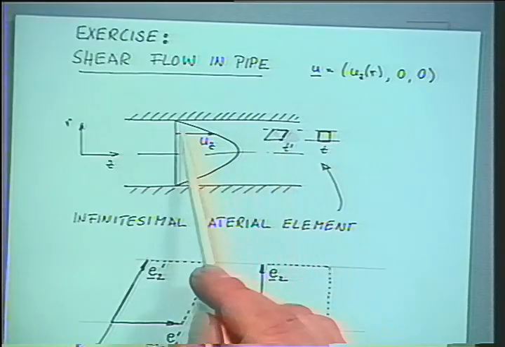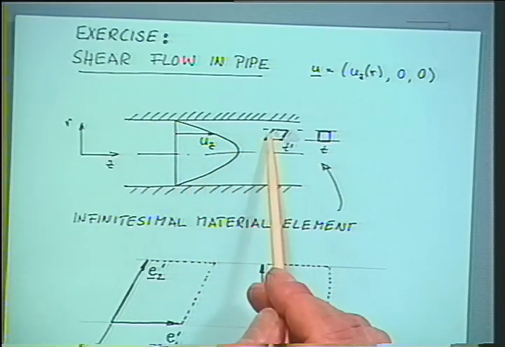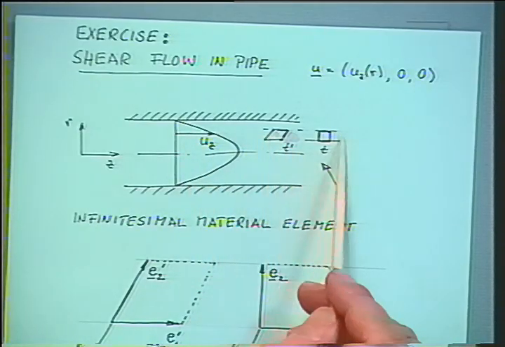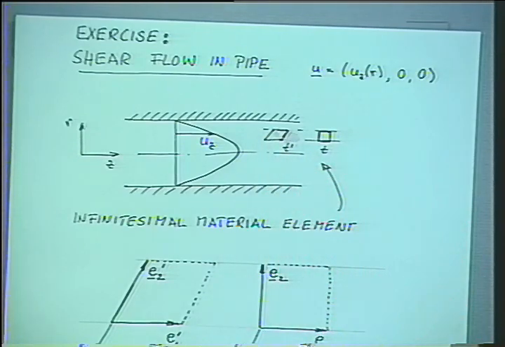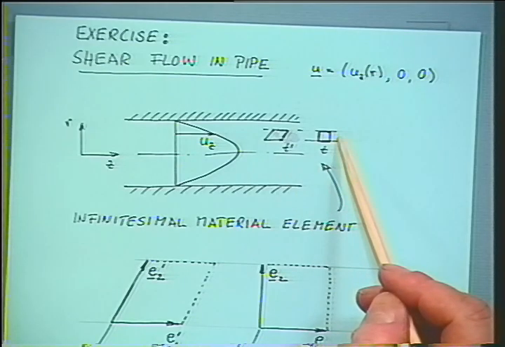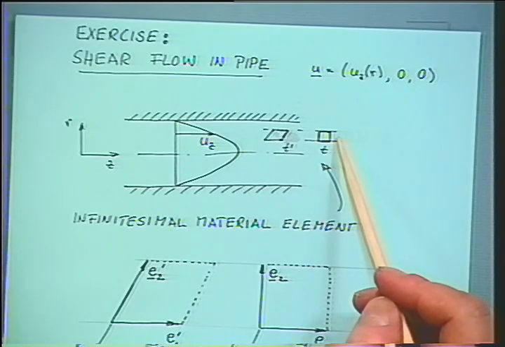A material element at some finite radial position will maintain that radial position and just will move along in z direction as we look at it at different times. Now, this material element is, again, an infinitesimal material element. It's very, very small.